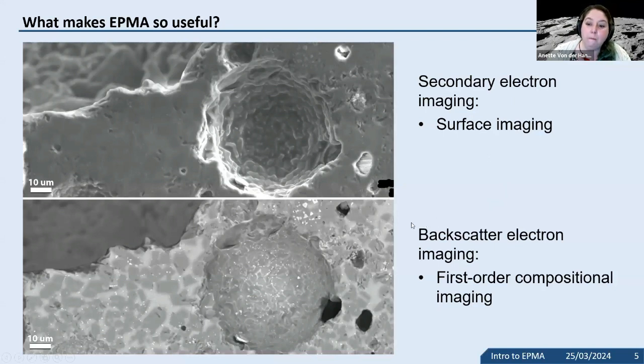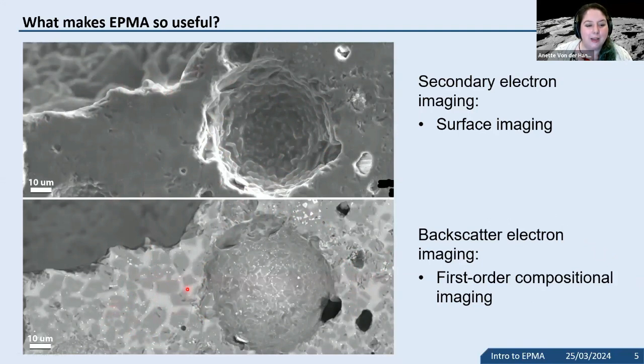And then we have also backscatter electron imaging, a second type of electrons that we generate during analysis. And this is more for first order compositional imaging. Depending on the different gray levels in the image, it gives us intensities of the backscatter electrons, and they are a representation of the mean atomic number. So when you compare these two images, here we can see the 3D topography with a depression and overall rough topography.